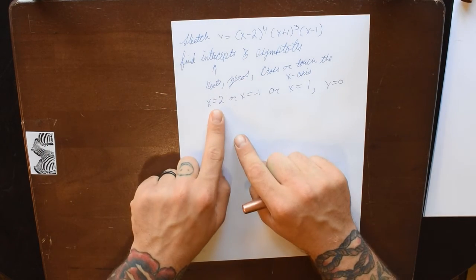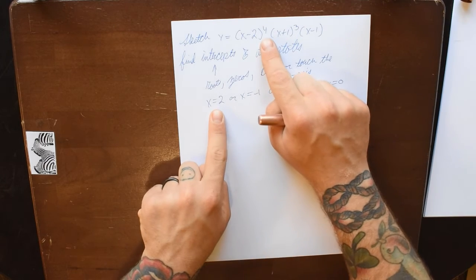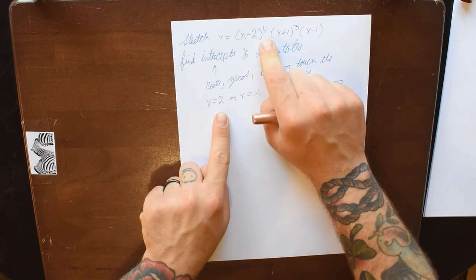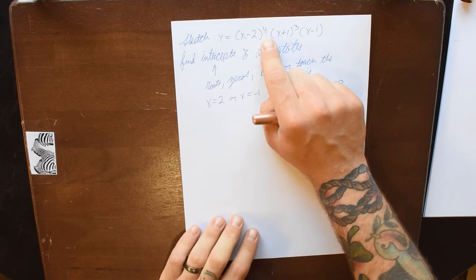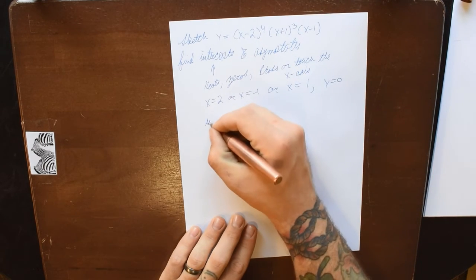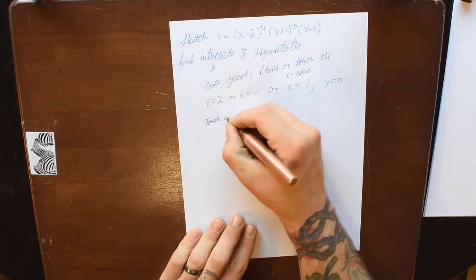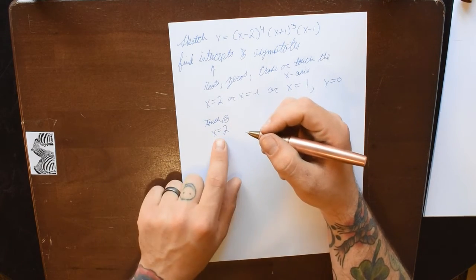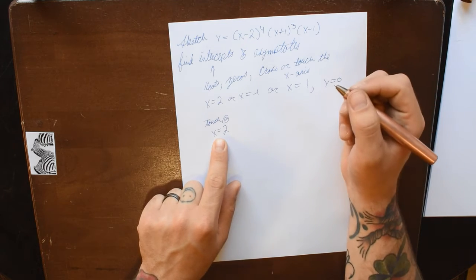So we know our intercepts, and by looking at the degree of the factor, x minus 2 is of degree 4, it's an even degree, we know the graph is going to touch at x is equal to 2. It's going to touch the x-axis when x is equal to 2.